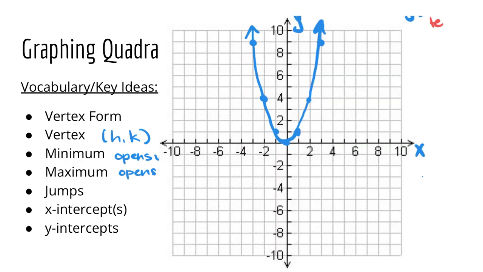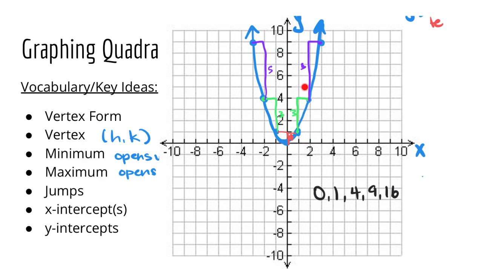If we look at our graph, we go up 1 before we go left or right. Then from this point, we go up 3 till we hit the next point, and we do that in both directions. And finally, we go up 5 before we go to the next point. You can label that on your graph, 5, this one is 3, and this one is 1.